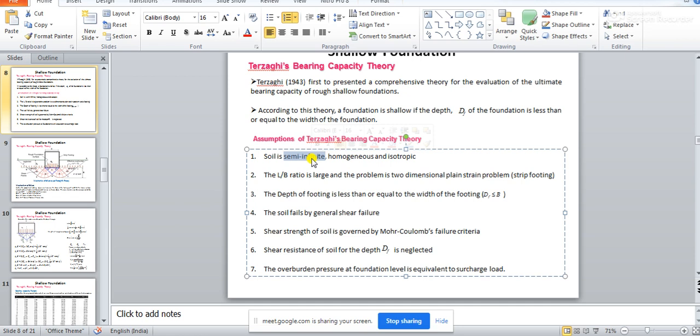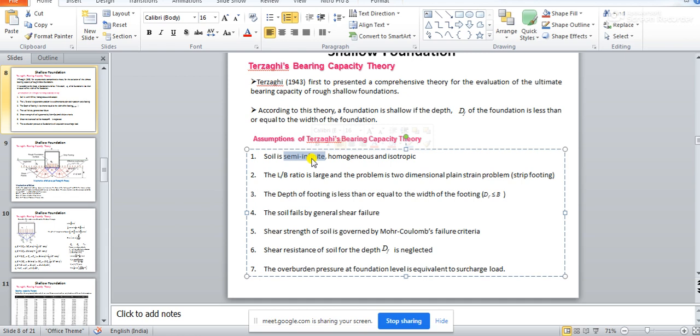In the assumptions of Terzaghi's bearing capacity theory, this isotropic nature of soil is also considered. So it is considered that the elastic property of soil remains the same in all directions.